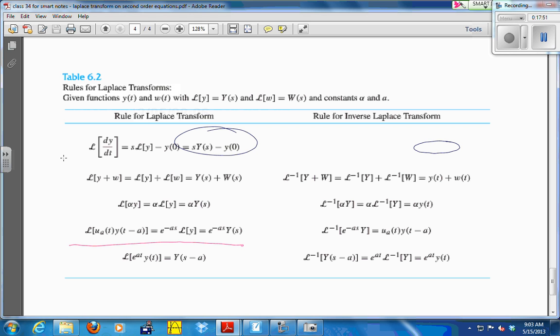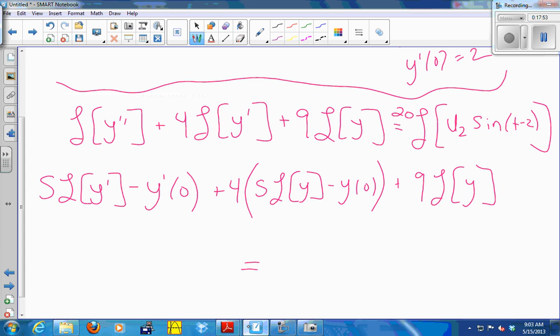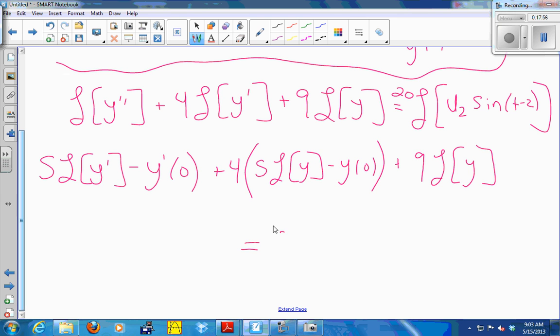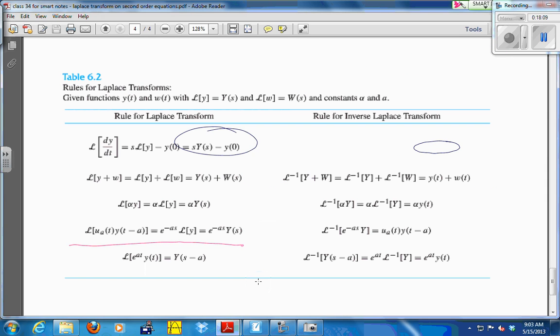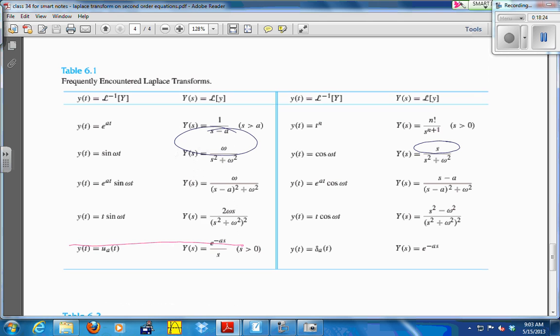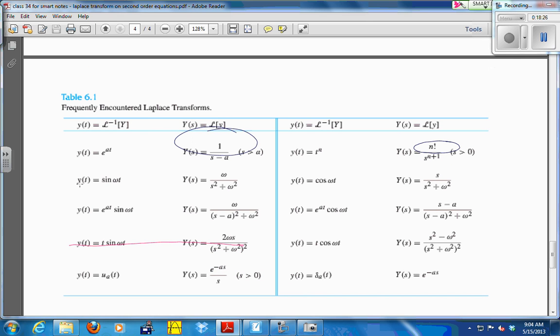Good. So this is going to be 20 times e to the negative 2s times the Laplace of sine, right? And what's the Laplace of sine? Sine of 1t would be 1 over s squared plus 1.